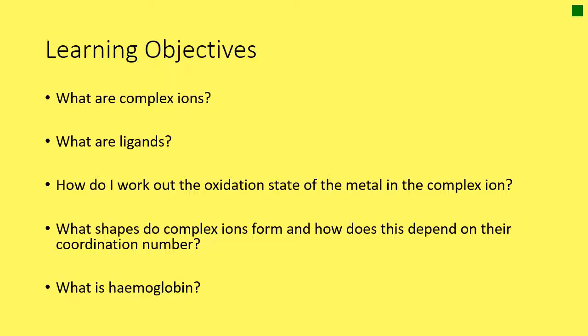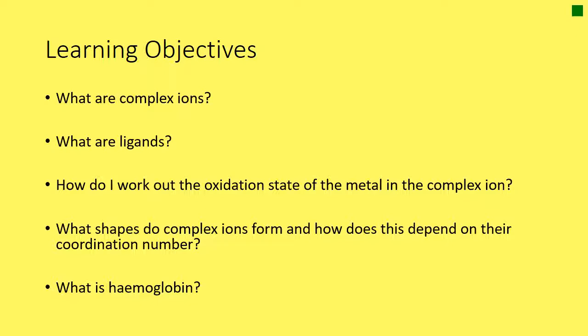And also we're going to have a look at the shapes that complex ions form and how this depends on their coordination number. So of course we'll have to learn what coordination number is as well. And lastly, we're going to have a look at hemoglobin and why that's relevant to a lesson on complex ions.